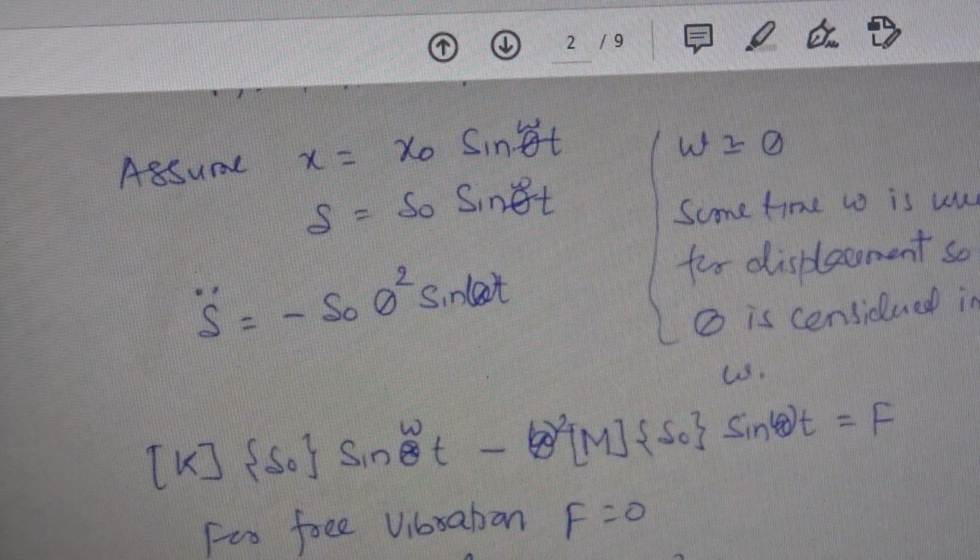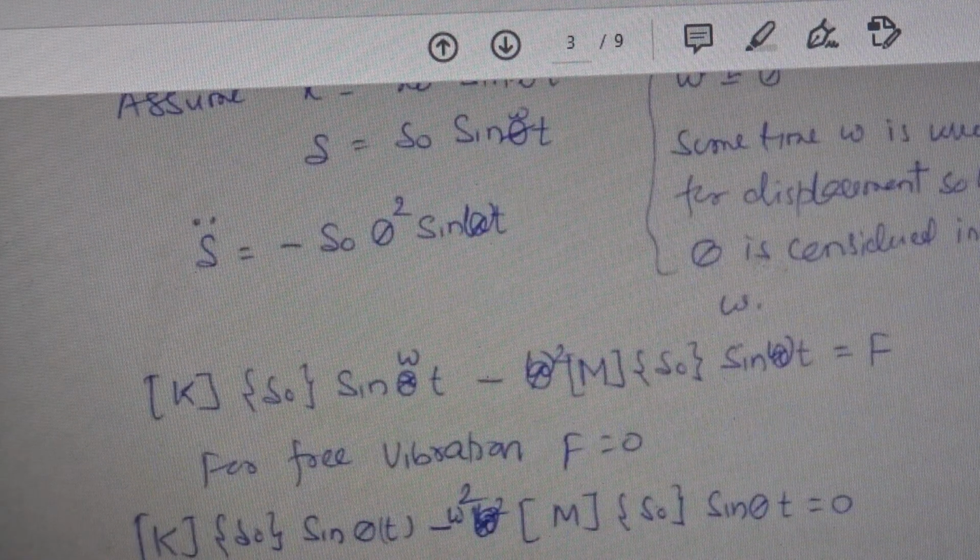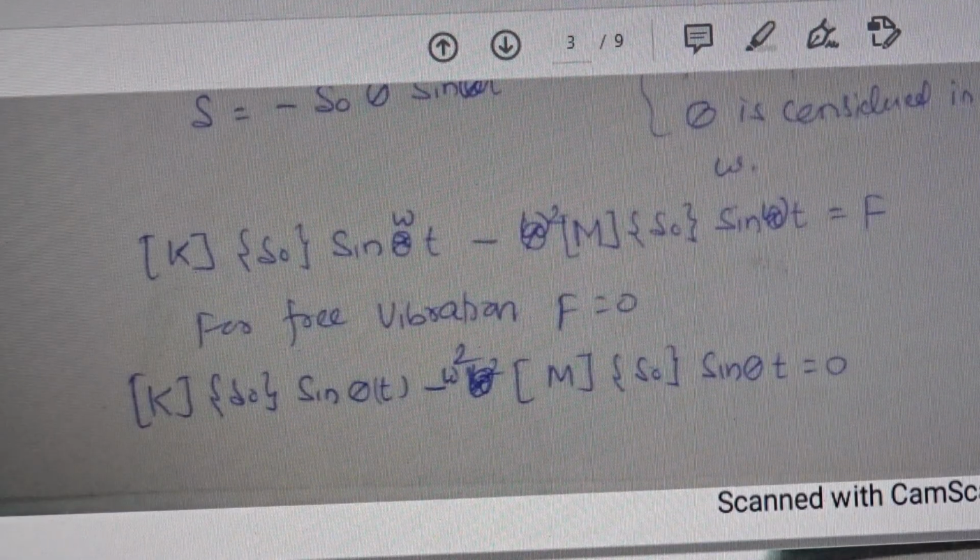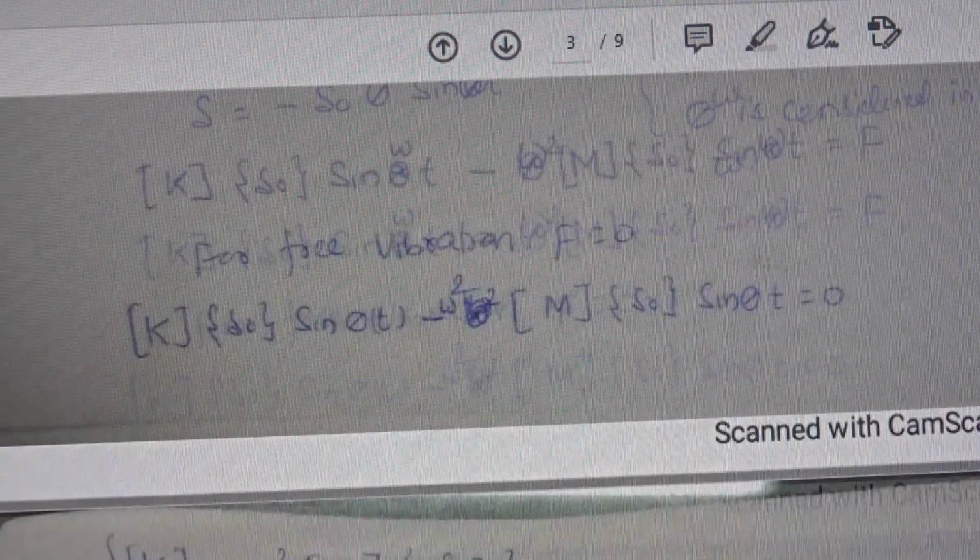From omega you can get the eigenvalues, and from delta naught you will get the eigenvector or mode shape of the vibrations. So it becomes an eigenvalue problem.